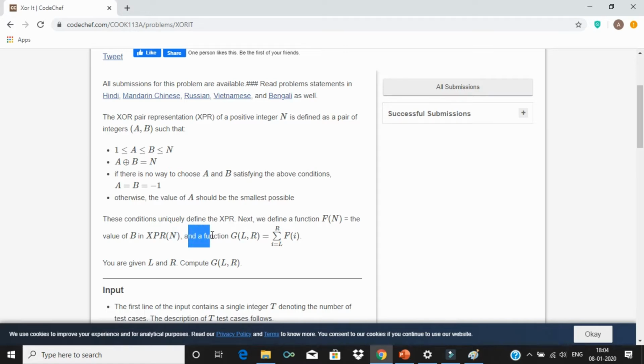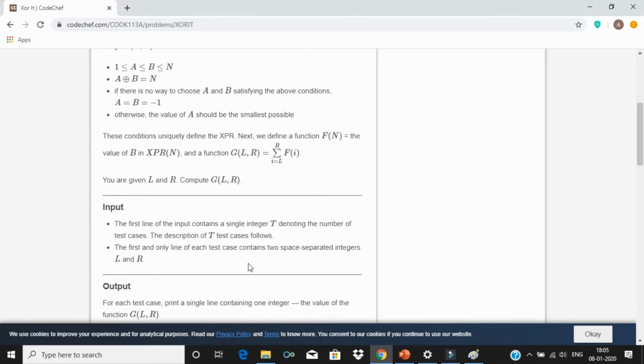We also define a function g of L and R, equal to the sum of f of I for I from L to R. In simple terms, what we want to find in this question is the sum of all the values of b for a given range L to R.